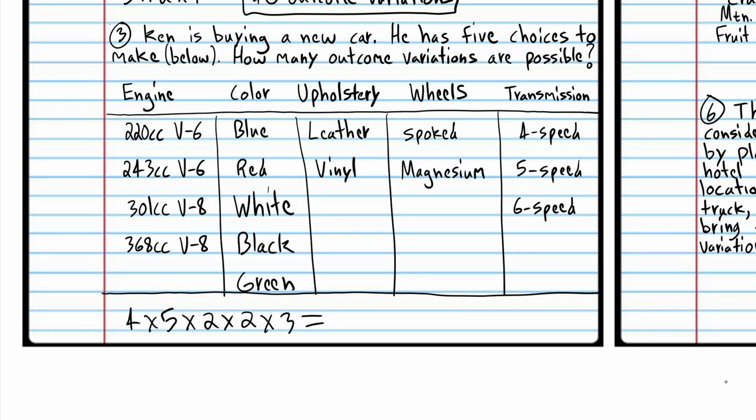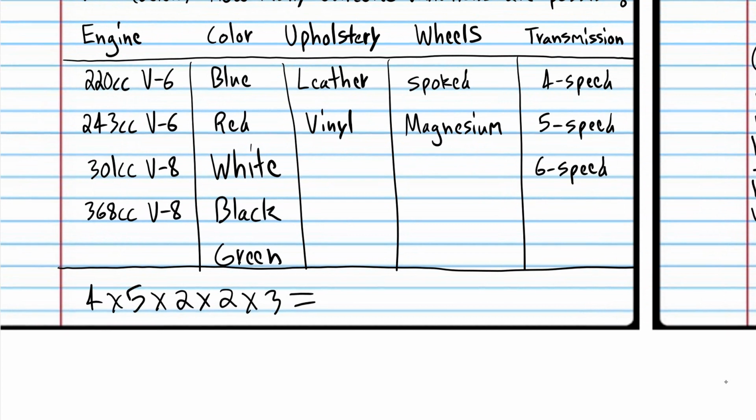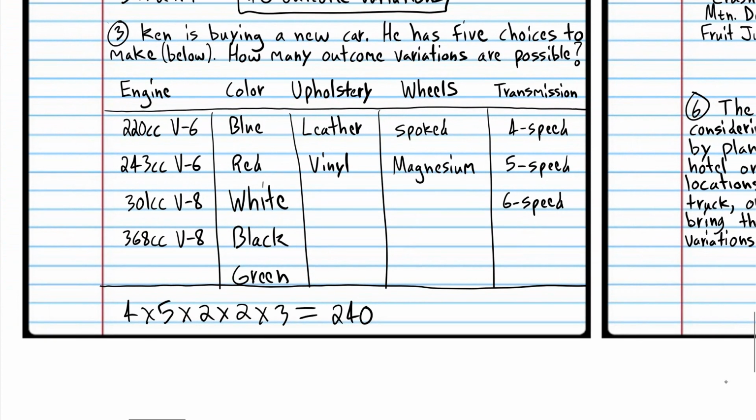So let's multiply. So it looks like we get 240 different outcome variations for the car that he can buy.